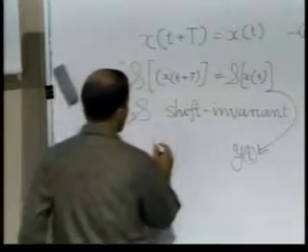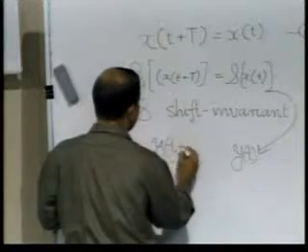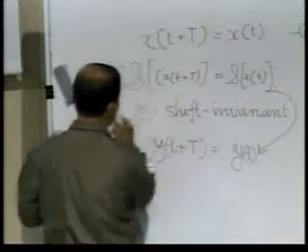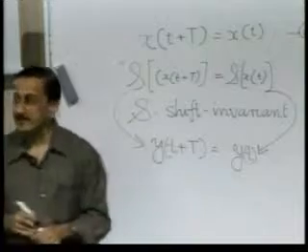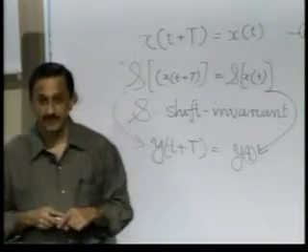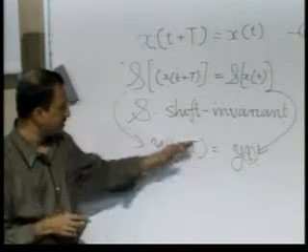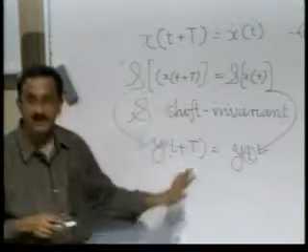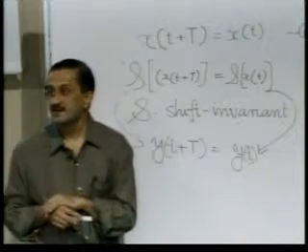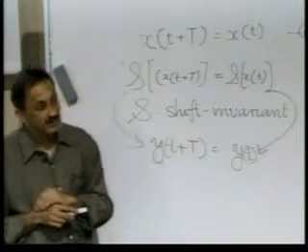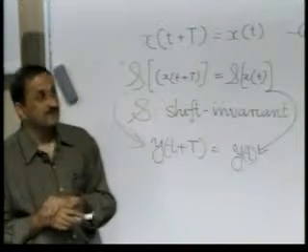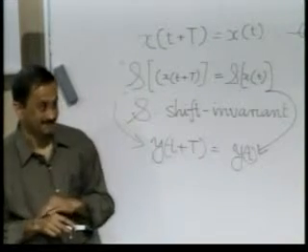So, therefore, from this equality, y(t+T) shall be equal to y(t). That means the output is also periodic with the same period. Okay? So, it is very interesting. Actually, as Nirmesh points out, the shift invariance property is sufficient to guarantee that a periodic input with a period T results in a periodic output with the same period T.